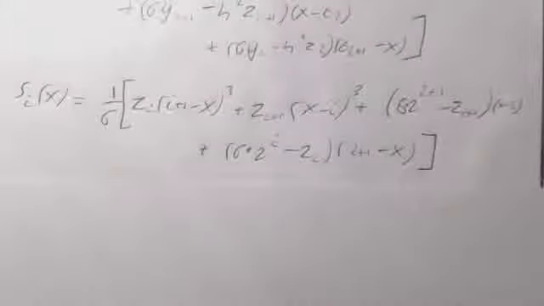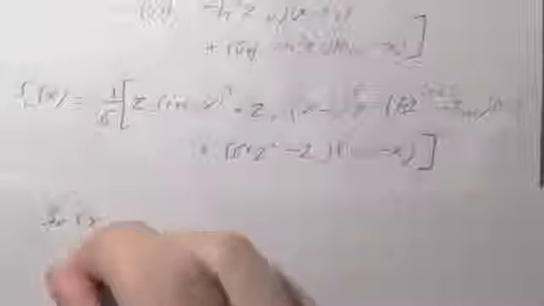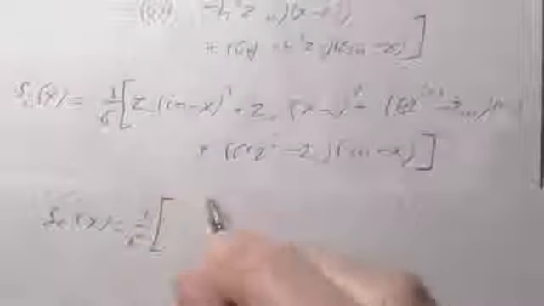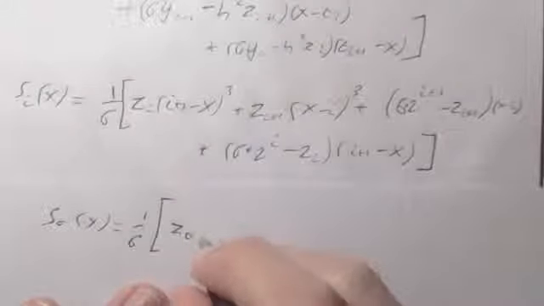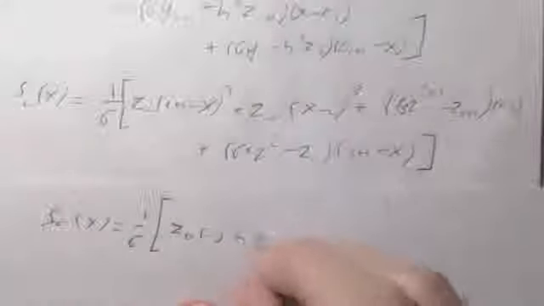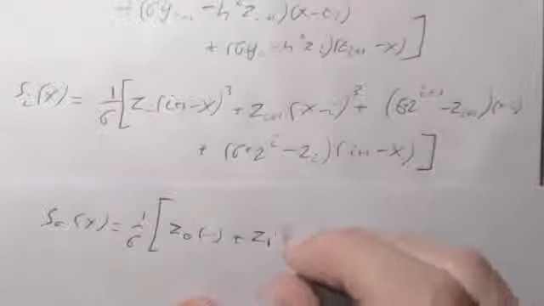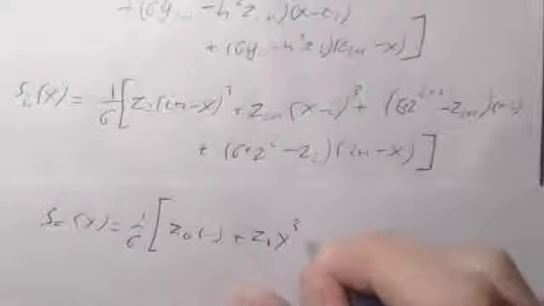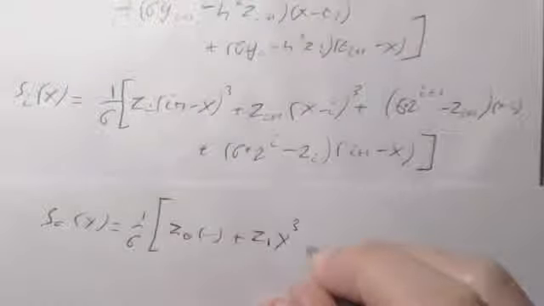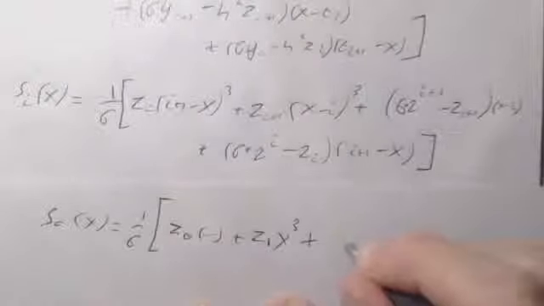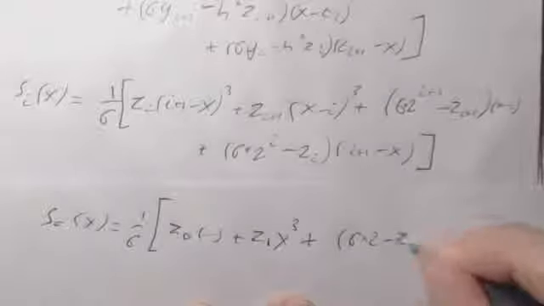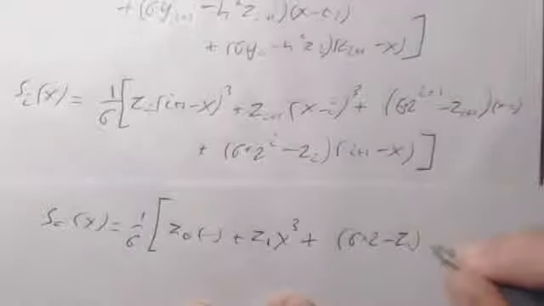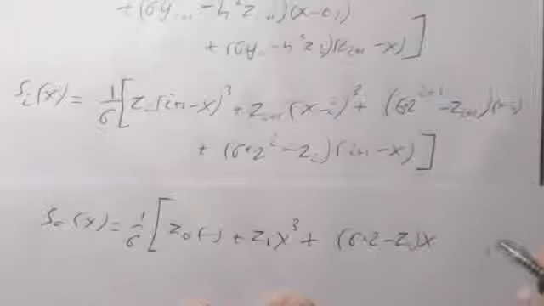S0(x) should be equal to 1 over 6 Z0, which is 0, so I'm not even going to bother writing that term, plus Z1 (x minus 0) cubed, that's just Z1 x cubed, plus 6 times 2 minus Z1 times (x minus 0), it's just x.